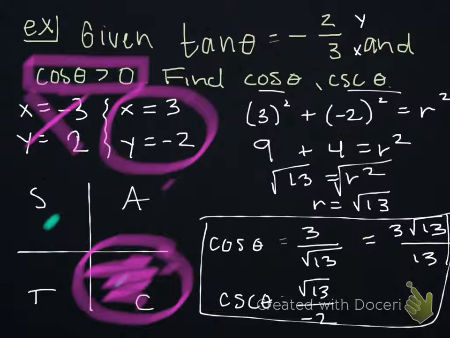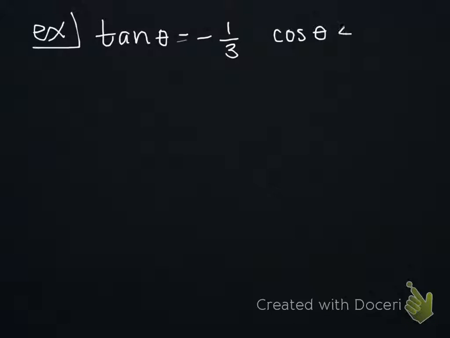So let's try another one like that. So the information that's given is that tangent of theta is equal to negative 1/3, and that cosine of theta is less than 0. And they want you to find sine of theta, and they want you to find secant of theta.